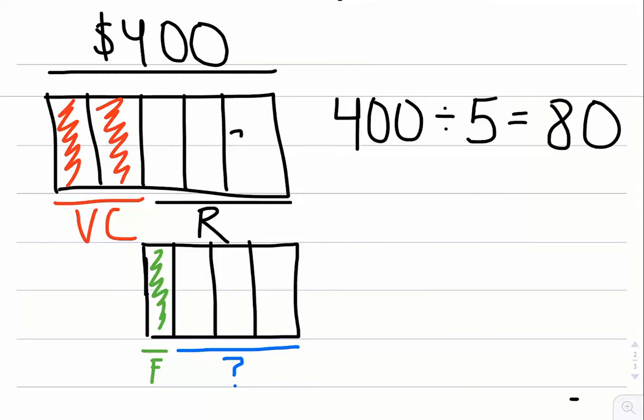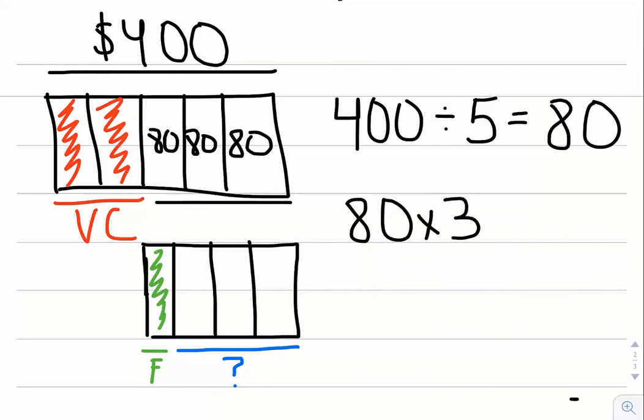That means that every single unit here is valued at 80. Now, if I know that each unit is valued at 80, and there are 3 units for the remainder, or the amount of money he still had after buying the vacuum cleaner, I can also say that 80 times those 3 units equals 240, which is the change he had after buying the vacuum cleaner.